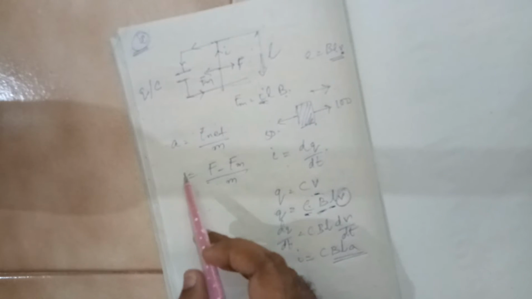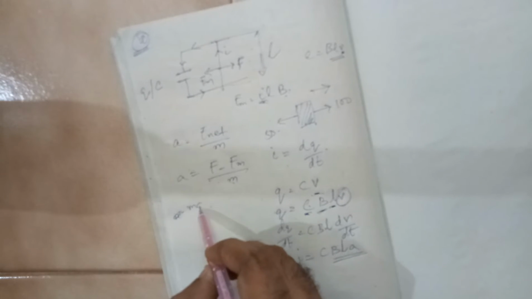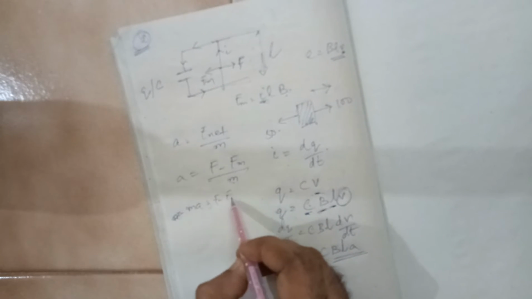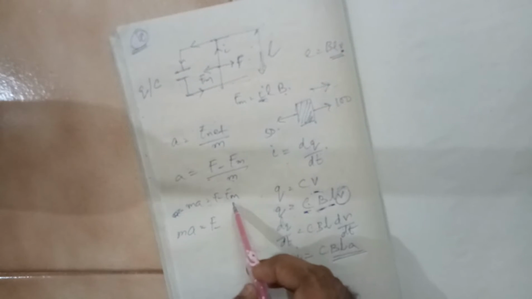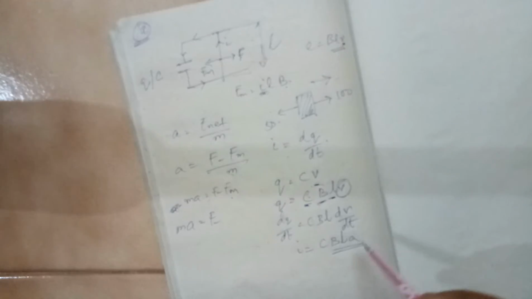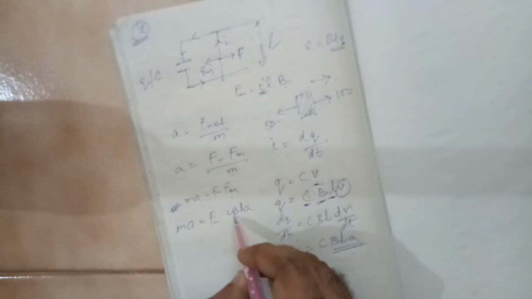Just put it over here, then for acceleration, can I write this as MA, net force is equal to F minus Fm, can I write it like that? Then MA is equal to F minus Fm. In the place of I, we can put this value, which is CBLA.